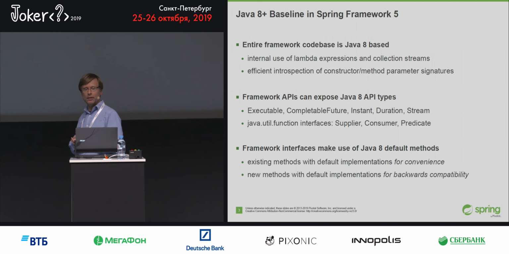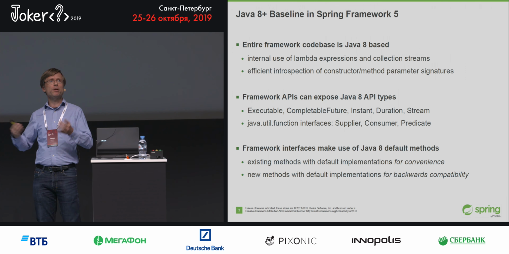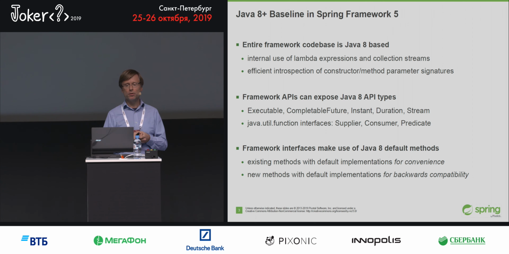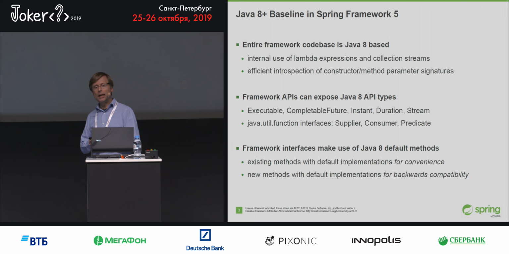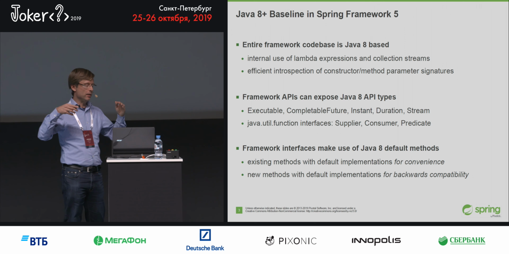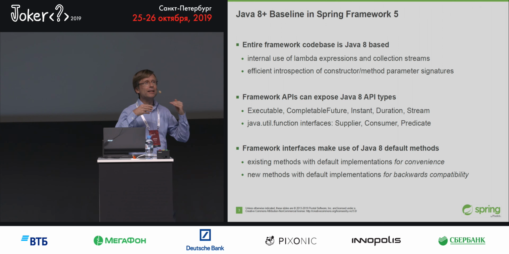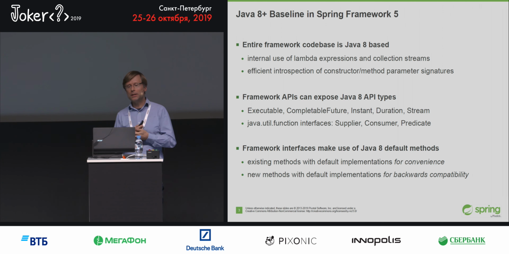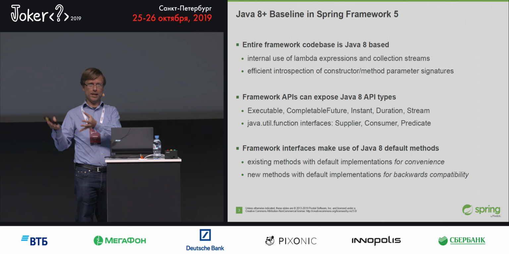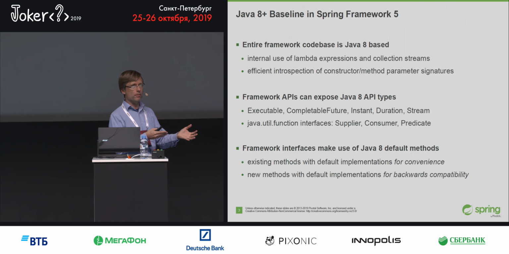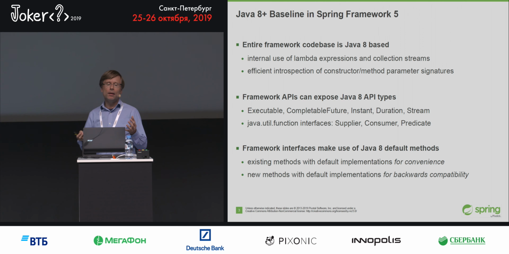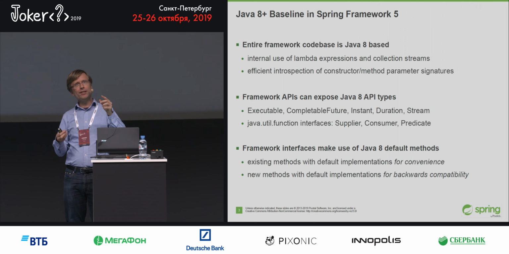So in the past 2 or 3 years, we are on a mission, which is still ongoing, where we took the opportunity to raise the baseline in Spring Framework 5 to the Java 8 level. Java 8, of course, presents a lot of goodness, not only for applications, but also for framework providers, for framework API authors. The baseline in Spring Framework 5 is new for us.